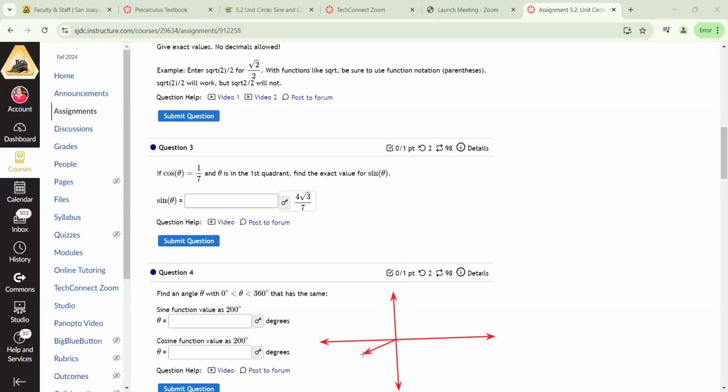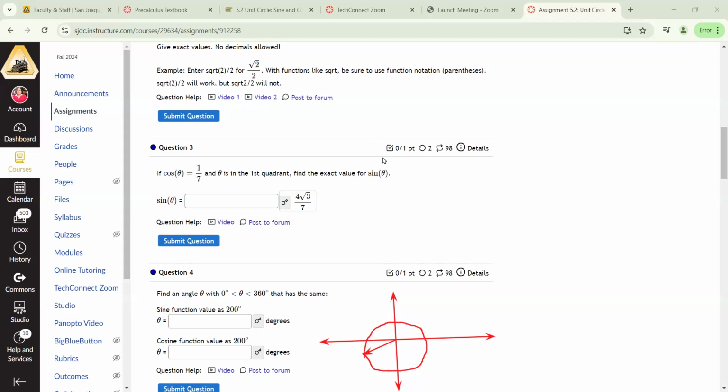So 200 is over here. And then I mark my unit circle around it. So let's say I'm marking just a random unit circle this way. Didn't do a very neat unit circle, but that's a unit circle.